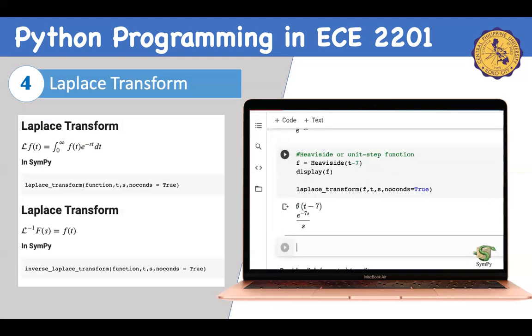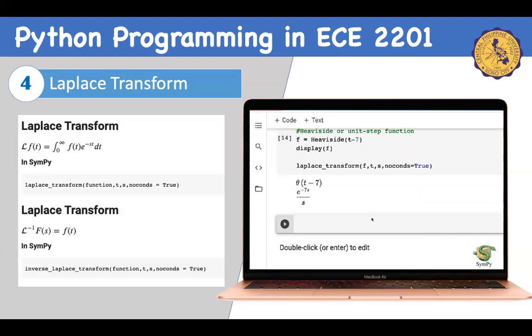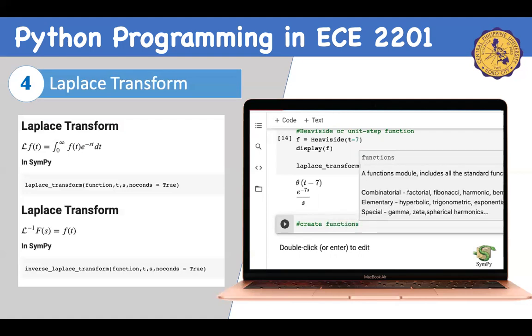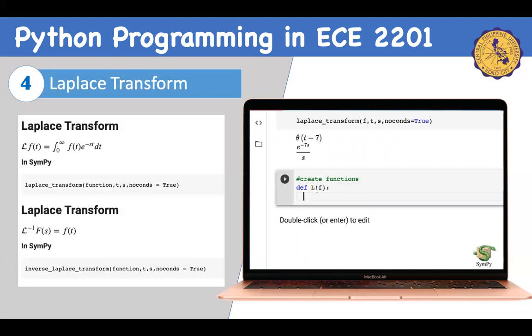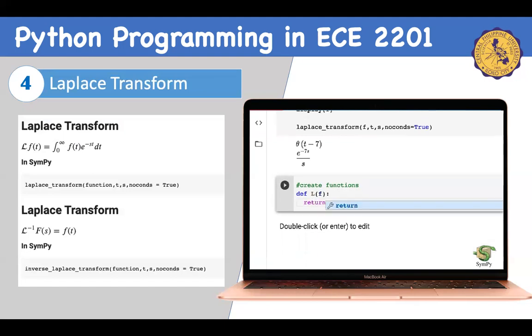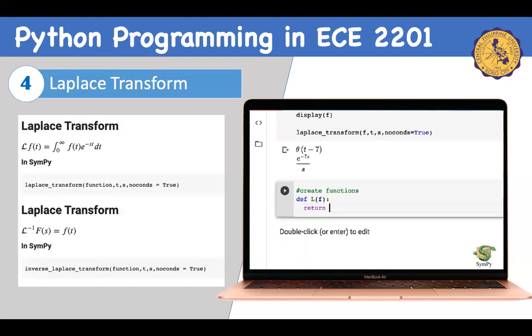Now, let's make the Laplace transform shorter to type. This time we are going to create functions. Later on, we will discuss more on functions. To create a function, we use def, and we will represent the Laplace transform as L, and the argument is f. So if you type L with the argument f, it will return this Laplace transform.